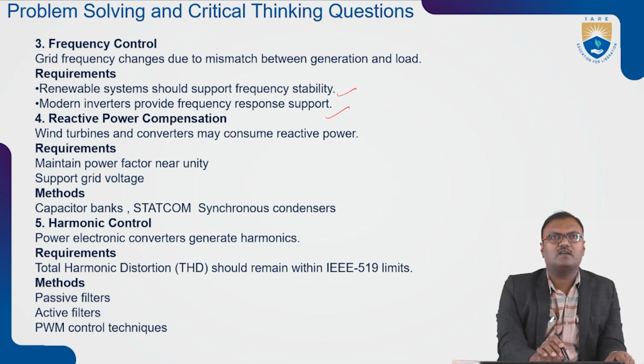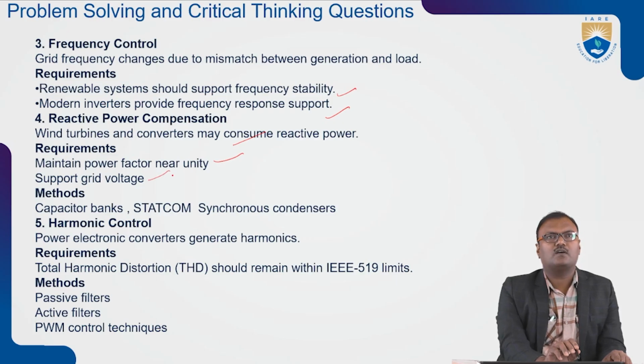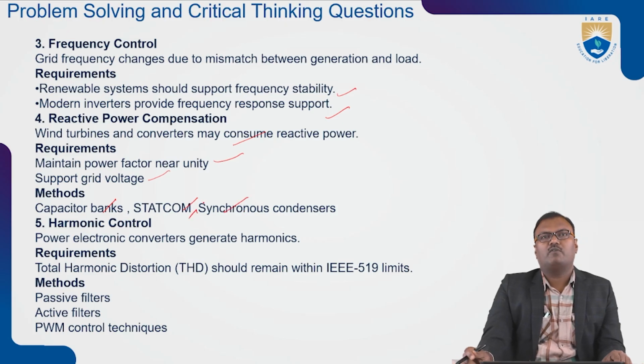Wind turbines and converters may consume reactive power, so the requirement is to maintain power factor near unity and support the grid voltage. Methods to improve or correct the power factor are capacitor banks, STATCOM, and synchronous condenser. A synchronous condenser is a synchronous motor operated under no load conditions and at overexcited conditions.